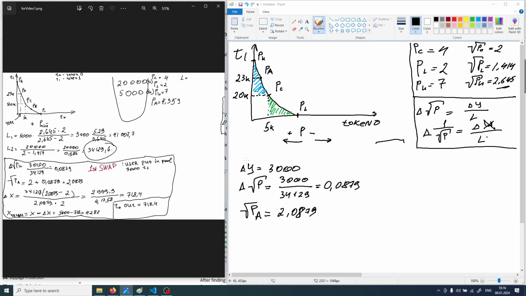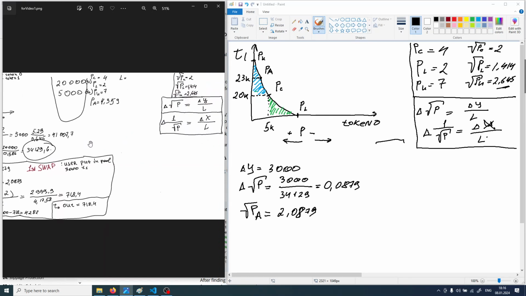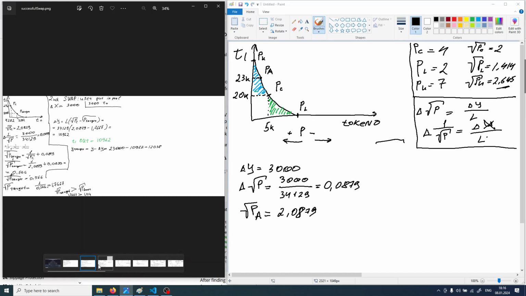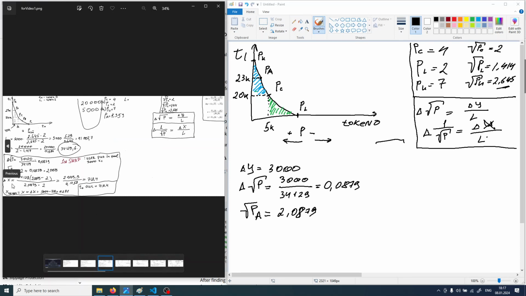In our example it is the square root of price in point PA. Okay, we have this value, and then we can put it in this formula and calculate delta x.